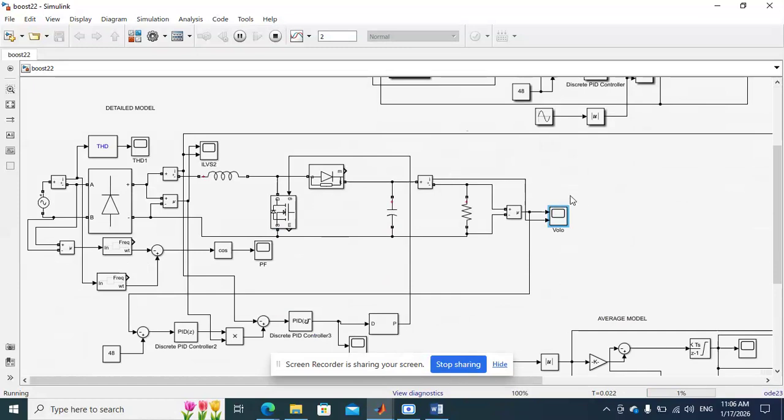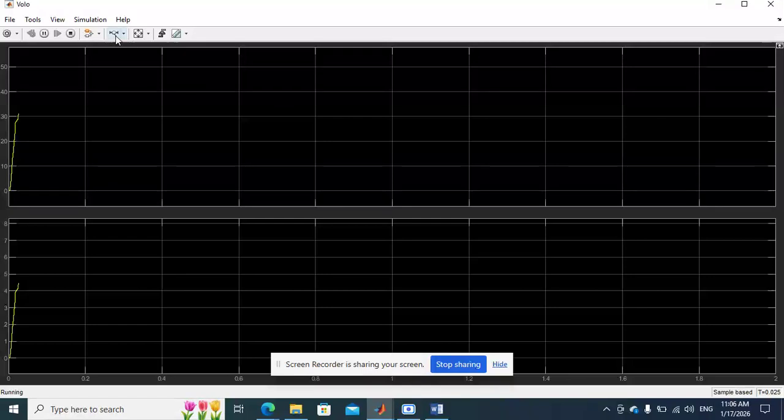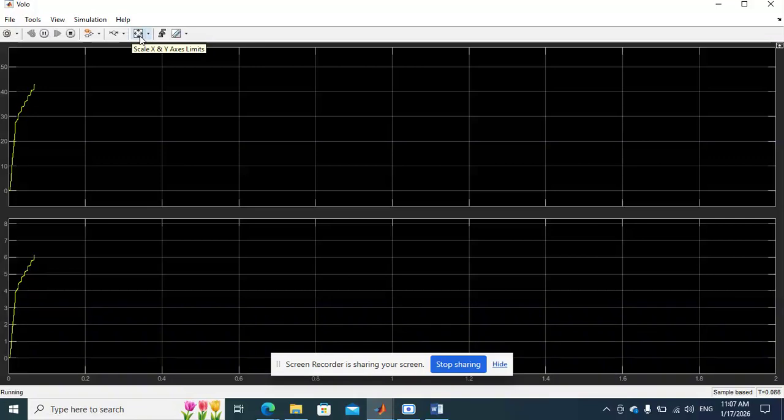Here, if you see, this is the output voltage and output current of the detailed model of the boost converter. Reference voltage is given as 48 volt, so it should settle at the voltage of 48.